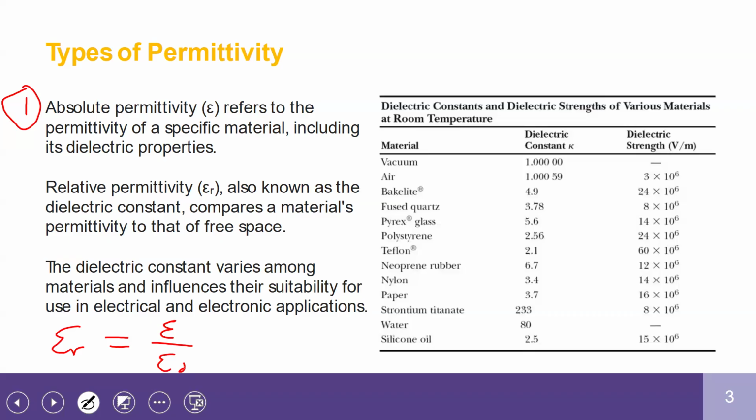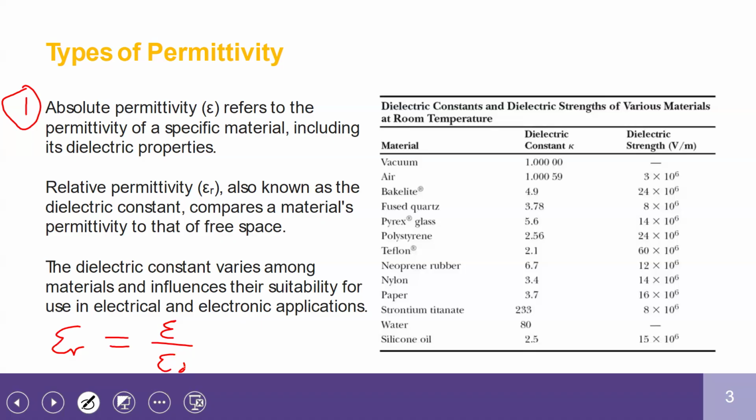So this is the formula for calculating relative permittivity. The dielectric constant varies among materials and influences their suitability for use in electrical and electronic applications.